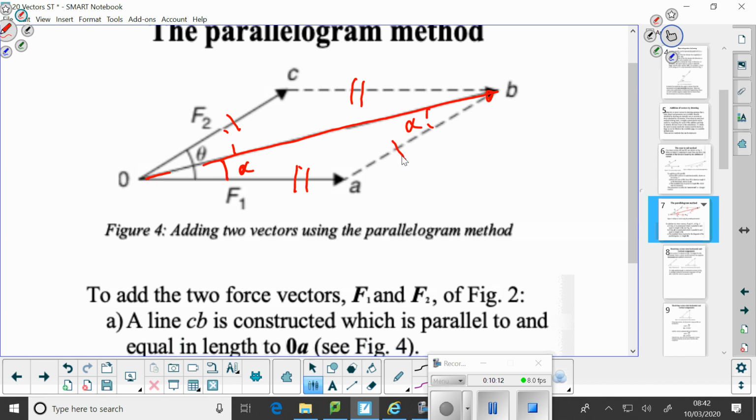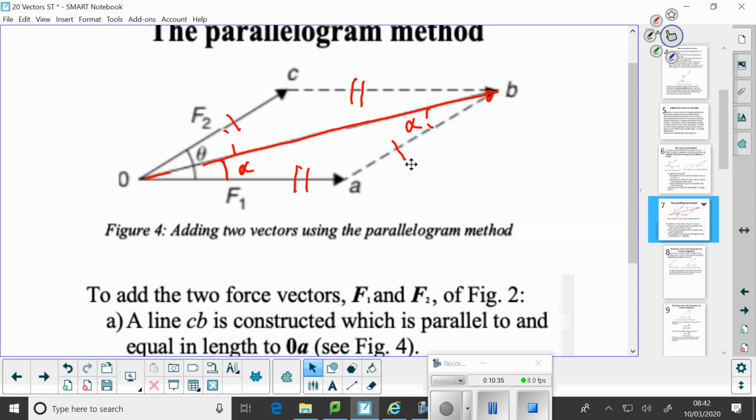So graphically, there are the two methods: nose to tail, and the parallelogram method. My personal preference is for the parallelogram method, although nose to tail is quite useful if you're adding more than two vectors together, because you just keep going off the end of the last one.